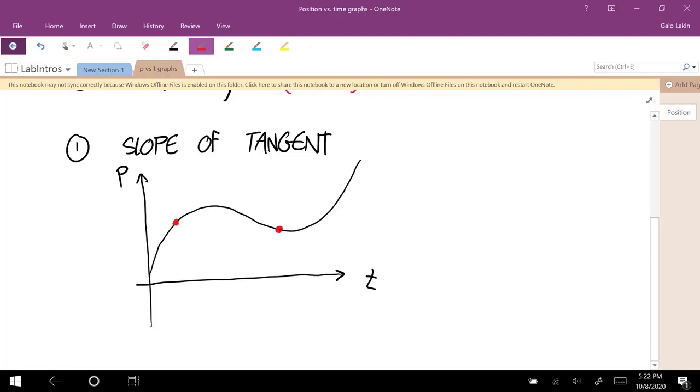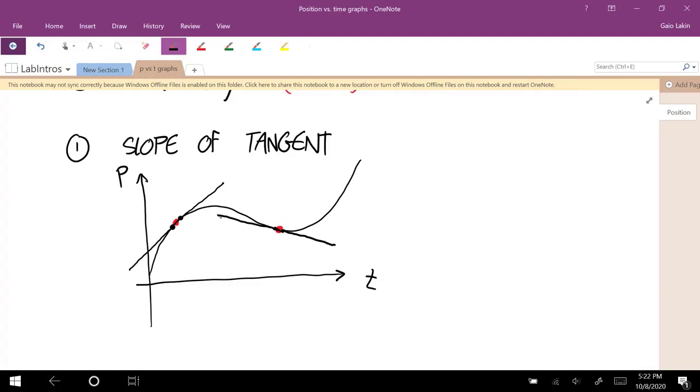Well, the way that you do that is you take two nearby points around that point and then draw the line that goes through those two. That's the tangent line there. And for this one, I'll take these two points here. That's the tangent line for that one.